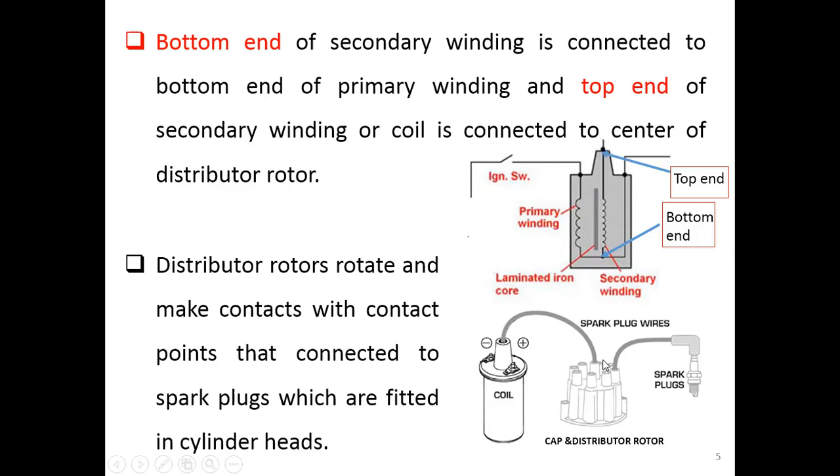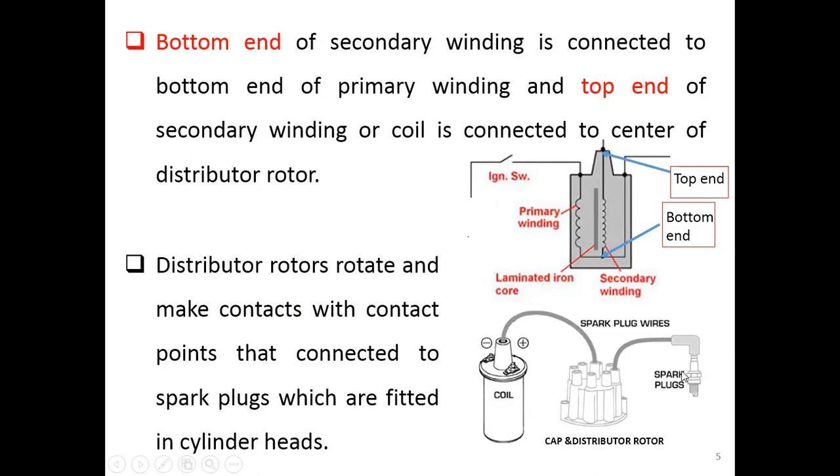The distributor rotor looks like this. We didn't show you inside, but in the next slide we will see what is inside. So here is the cap of the distributor. Inside it, we have a rotor that will rotate and make contact with the contact points inside the distributor cap, and it will connect to the spark plug.